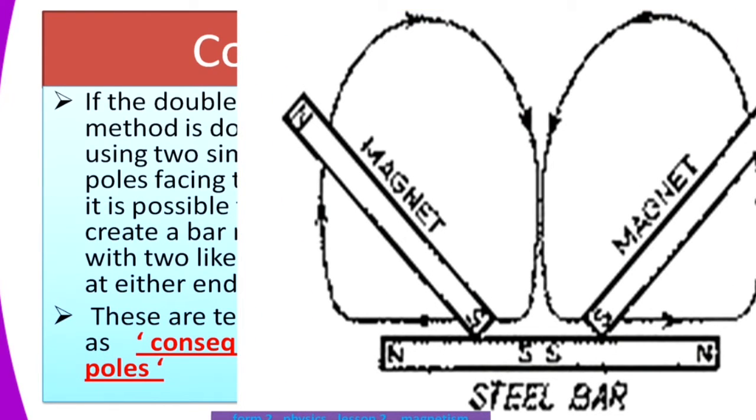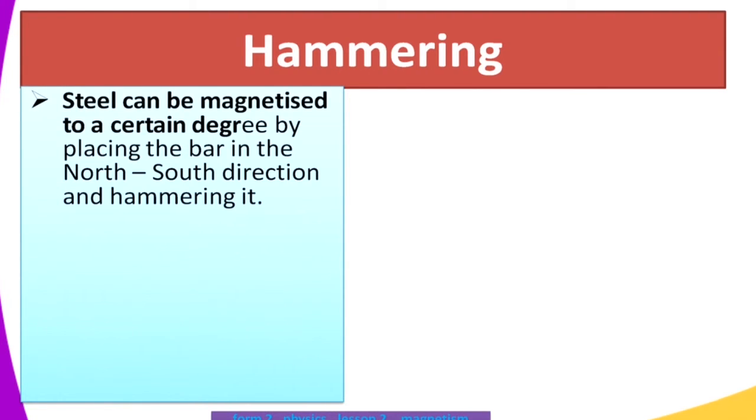Now we proceed. We look at the other method of magnetization, and this one is hammering. And what is hammering? In hammering, steel can be magnetized to a certain degree by placing the bar in the north-south direction and hammering it. So you take a steel material, steel is a magnetic material, and let the steel face in the north-south direction. Then continuously hammer that material.